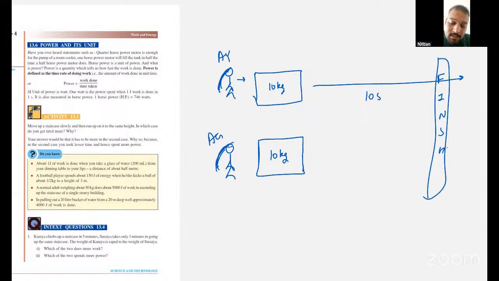But Agatha completed this work in 5 seconds.